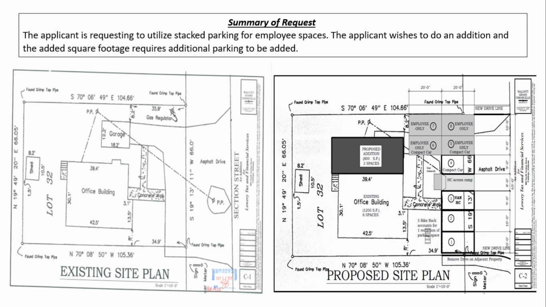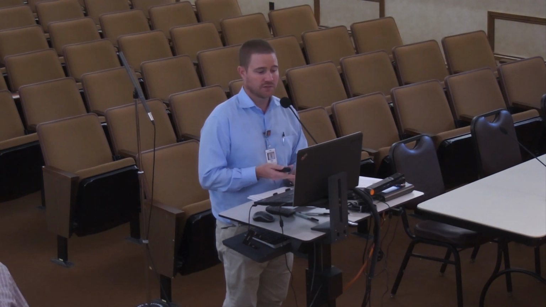Because of the modifications to the site, they're able to do a couple of different things. For the addition to the office, they're able to provide adequate office space for the current employees and a little bit of privacy when their customers come in. Also, there's an existing encroachment of the current driveway on the property to the south, which with these improvements would be remedied, and would no longer cross a property line.